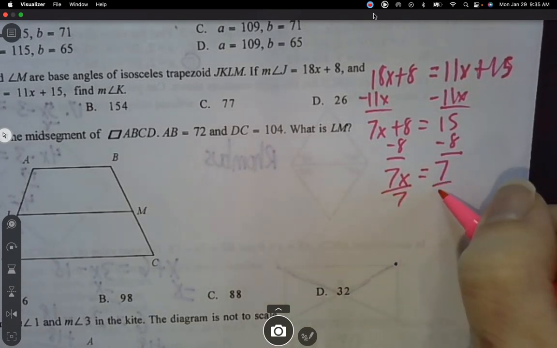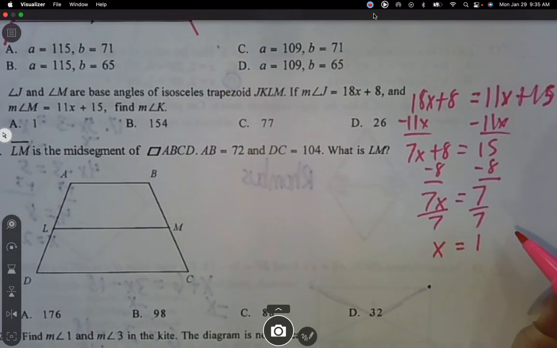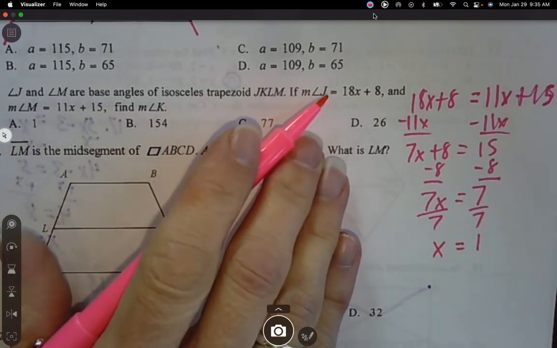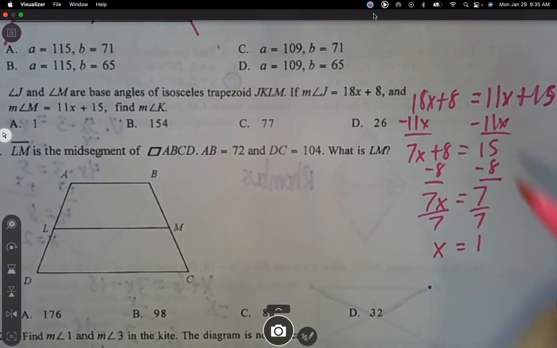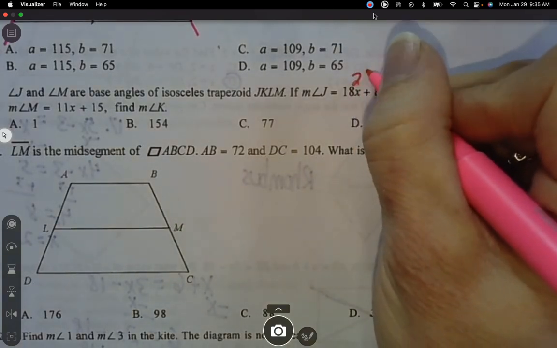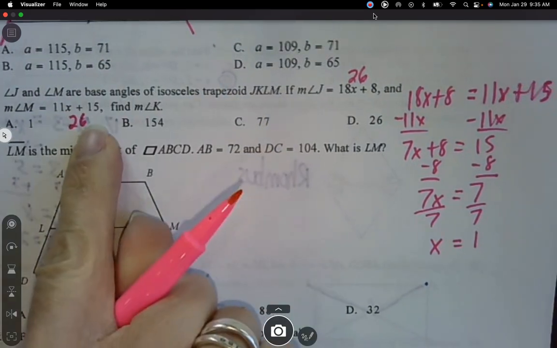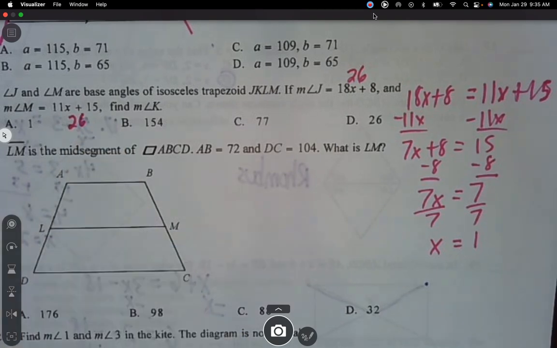Then what do I do? Divide by 7. And x is 1. Is that what it told me to find? No. It said find k. I don't even have any information on k. But let me just plug this in. What is 18 times 1 plus 8? 26. Okay, that is angle J, and that is also angle M. How would you find angle K? Subtract it from 180.